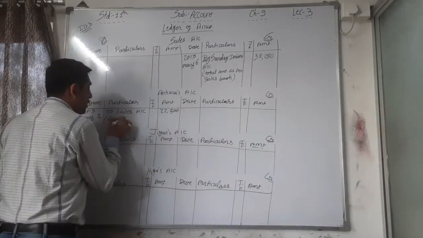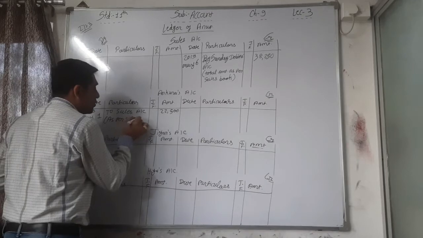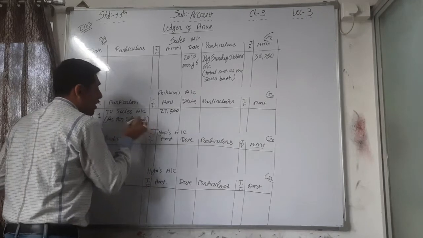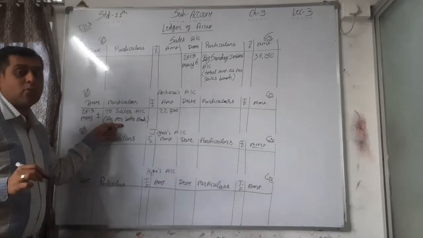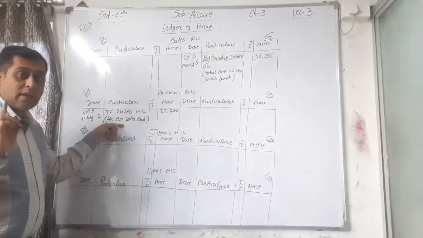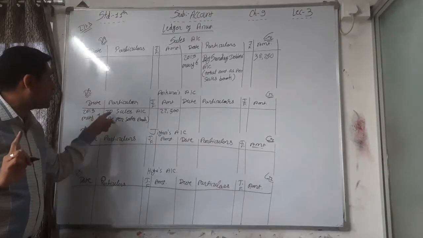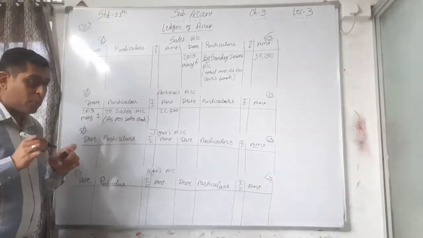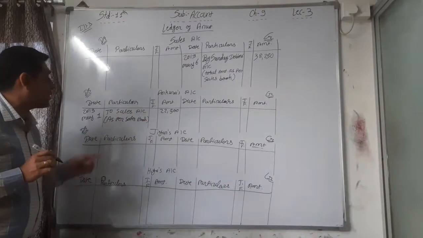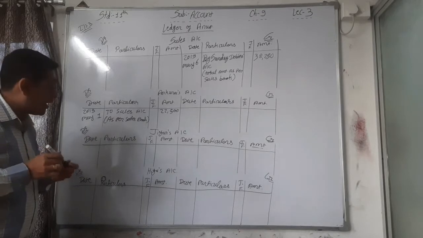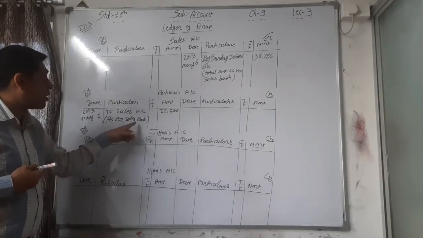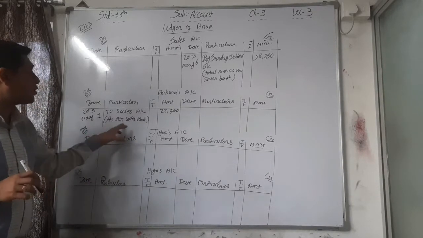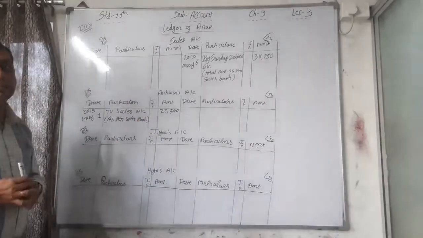Whenever you are writing from the sales book, you have to write this. Whenever you are writing from the journal entry, you don't have to write this. Just write down to sales account. From journal entry, if you are posting, then you just have to write down to sales account. But from the subsidiary book, sales book, if you are writing, then you have to compulsorily give the conclusion that as per the sales book, amount is that.